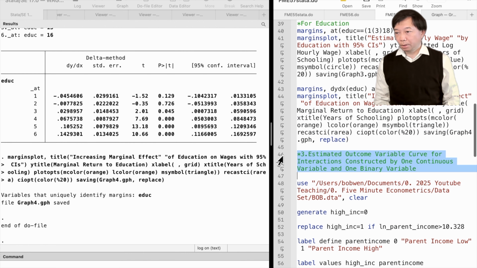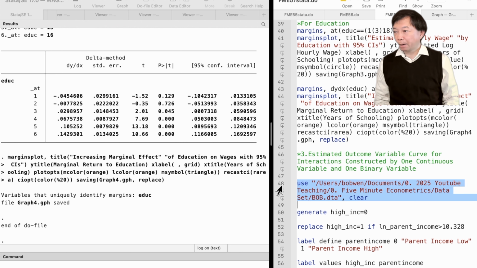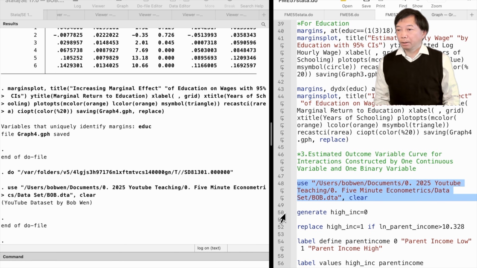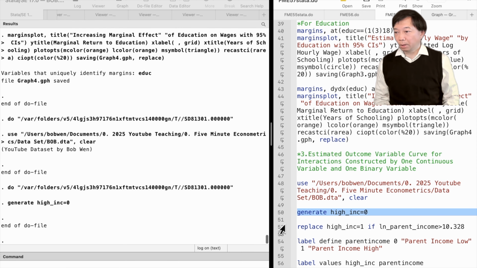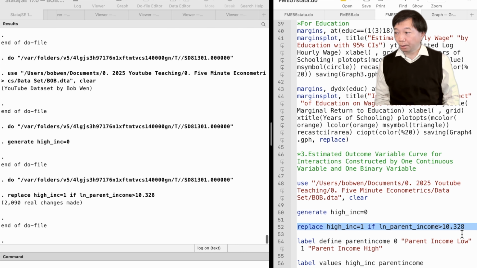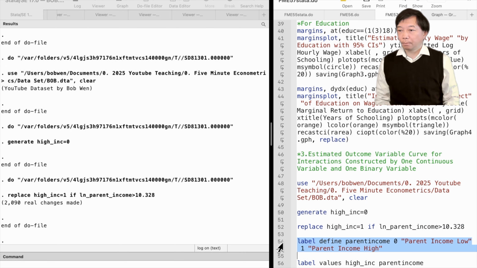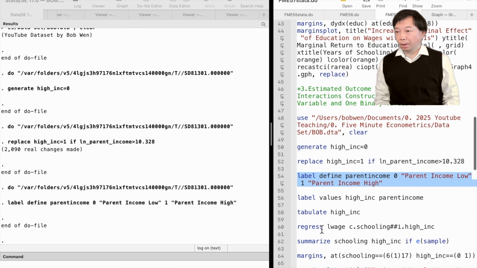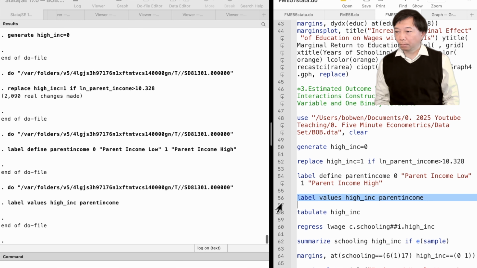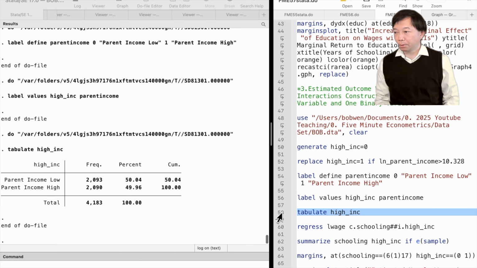Now, consider the model that relates workers' hourly wages to their education and family background. The explanatory variables are the workers' years of schooling and their parents' average income during childhood. Parents' income is a binary variable, 1 for high-income parents and 0 for low-income parents.